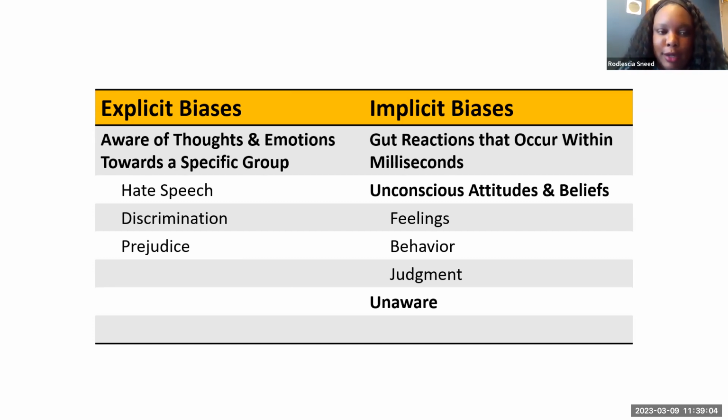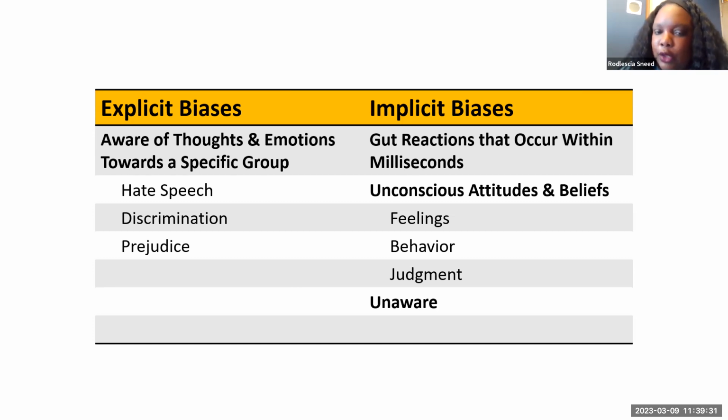I'm very aware of these thoughts and emotions that I have towards them. And so explicit biases are the biases that we're aware of that we may have towards specific groups. At the extreme end, they result in hate speech, they result in actively discriminating against other people, and they lead us to have prejudices and stereotypes about specific groups.